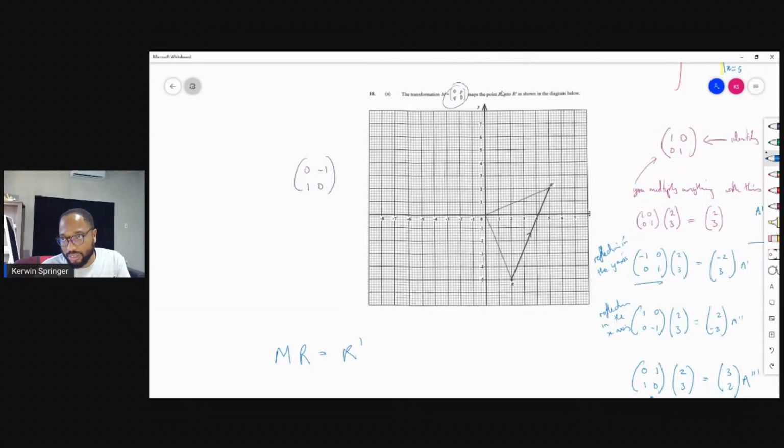M multiplied by R will give you R prime. So when you're transforming a point, transformation matrices are multiplication. When they give you transformation matrices, the main thing they're testing you on is matrix multiplication. Some equivalent matrices might come into play too. Let me show you what's happening here.